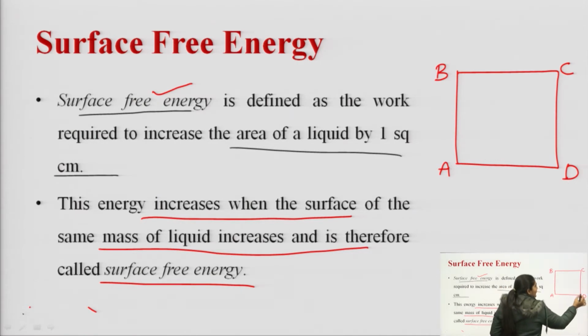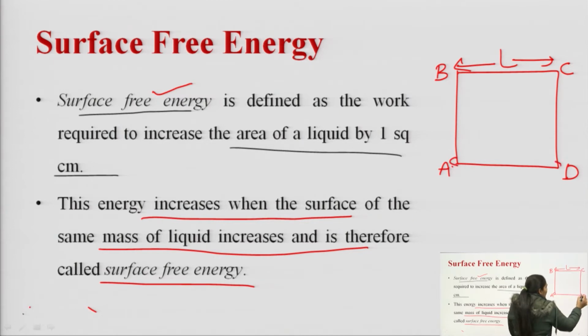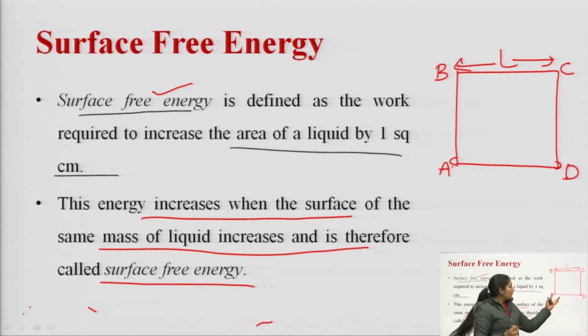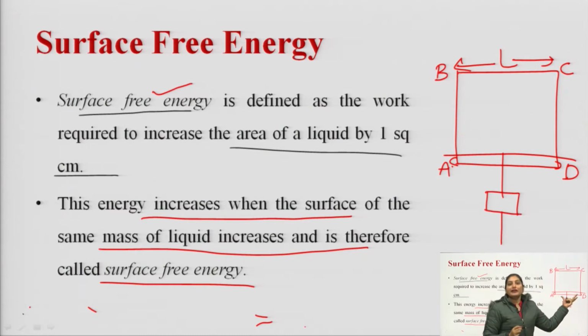The length of AD is equal to L. In this, the BC arm is fixed, but the AD arm is movable. When we apply a certain force, or certain work is done against this arm AD, then there will be an increase in the surface area, and the AD arm will be stretched.